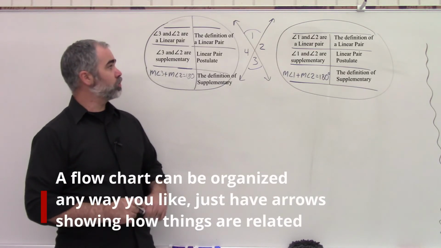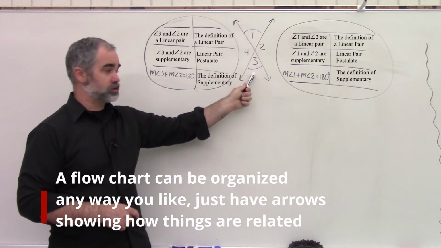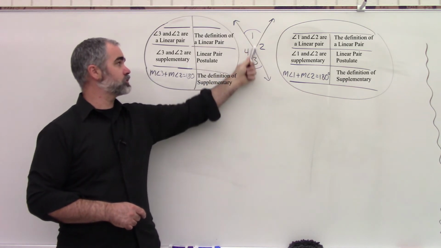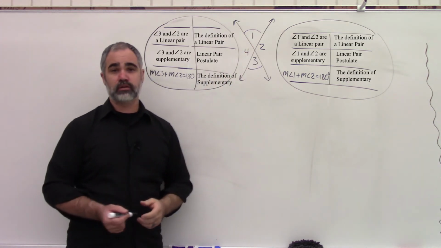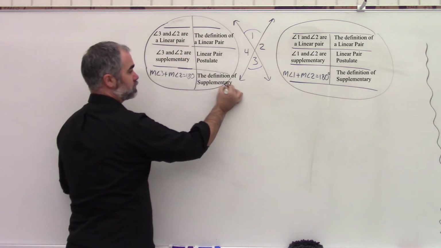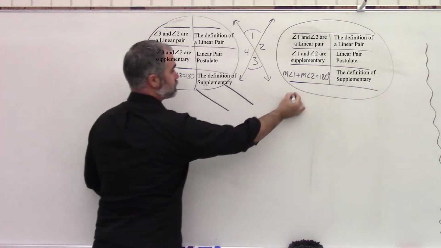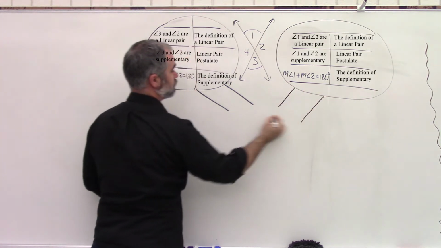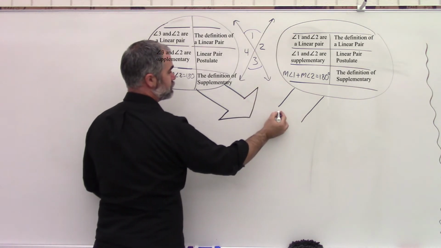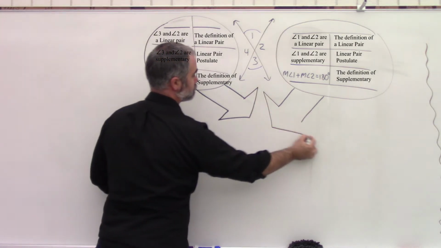Now again, my whole goal is to show that angle 1 is congruent to angle 3. And I'm using angle 2 to do it because these are both supplementary to the same angle. So look at this. If I have this whole group and this whole group right here, they can both be pointing to the same idea.